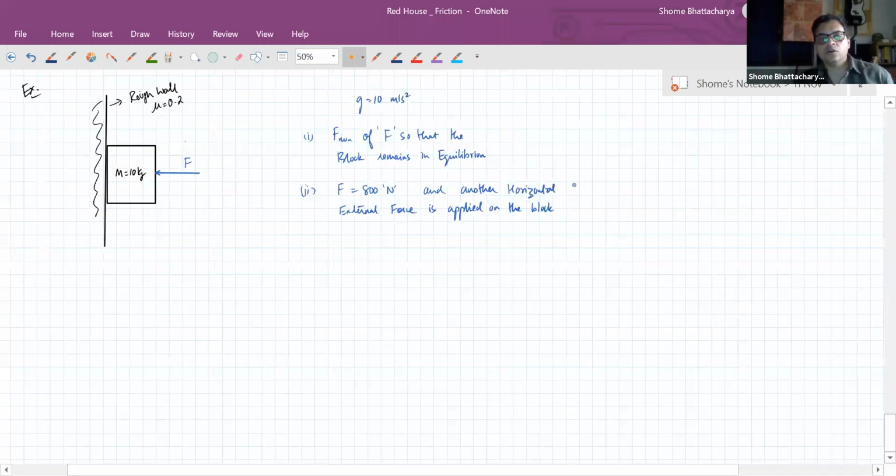Okay. So another horizontal force F prime of magnitude F prime equal to 75 newtons is applied on the block tangential to the wall.